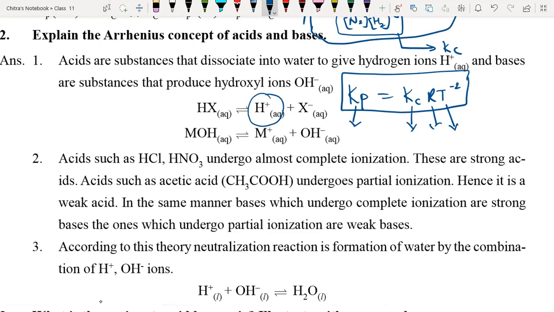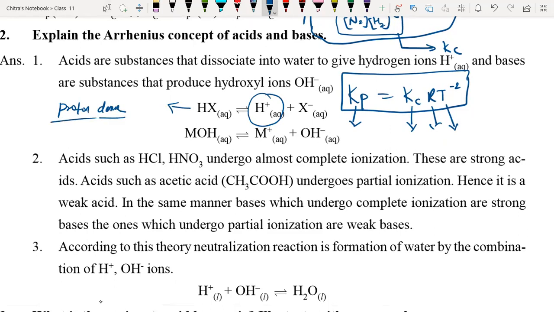It is according to Arrhenius, not by Hemant sir. Hydrogen positive ion is nothing but a proton. That means acids are proton donors.